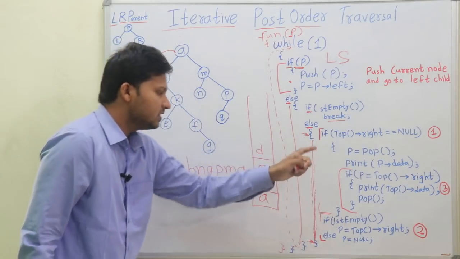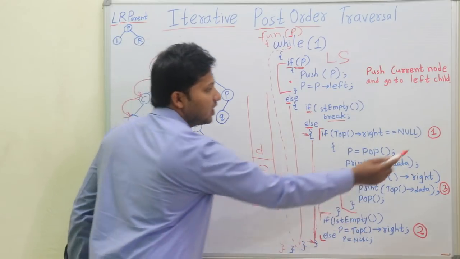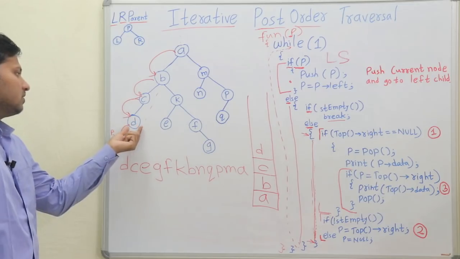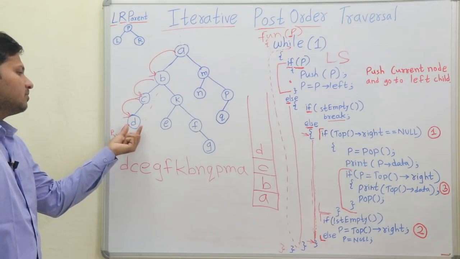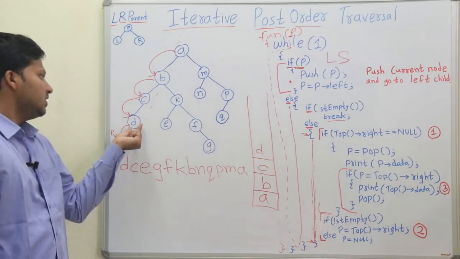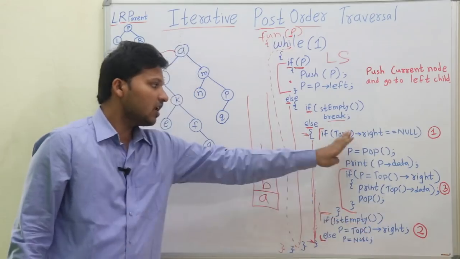Okay, so inside this else these conditions are there, and I have numbered the conditions. As a node in this binary tree comes across any condition, I will number that condition here. These are different cases in this algorithm.